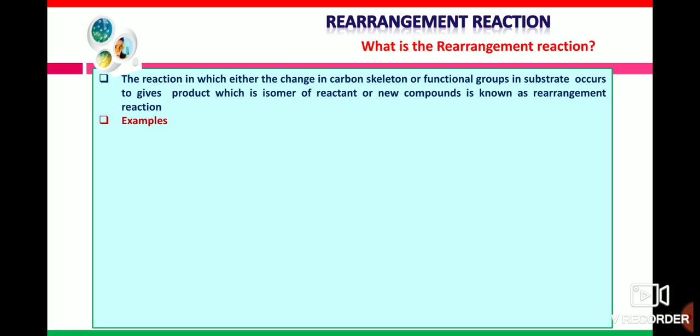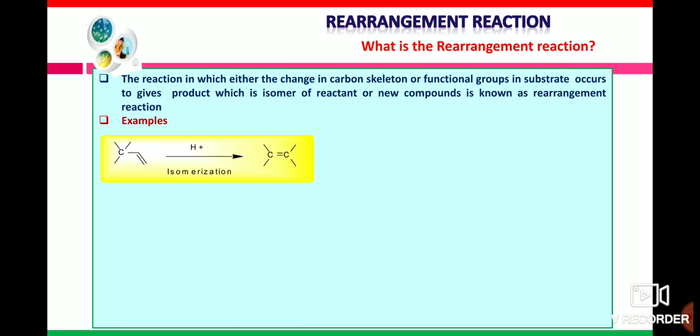In rearrangement reaction, the compound undergoes isomerization. One functional group can be converted into another functional group, or in some rearrangement reactions, one compound can be converted into another compound which is completely different from the starting compound.